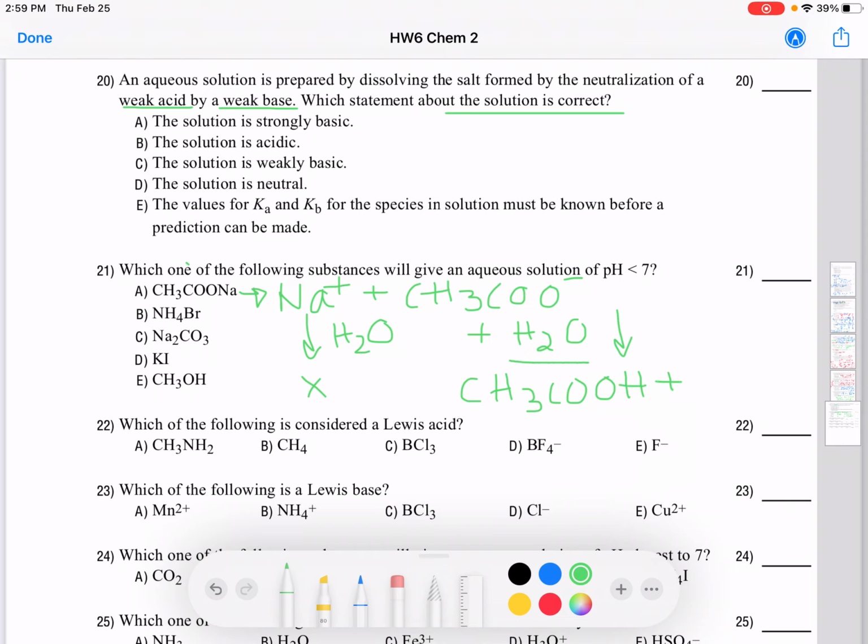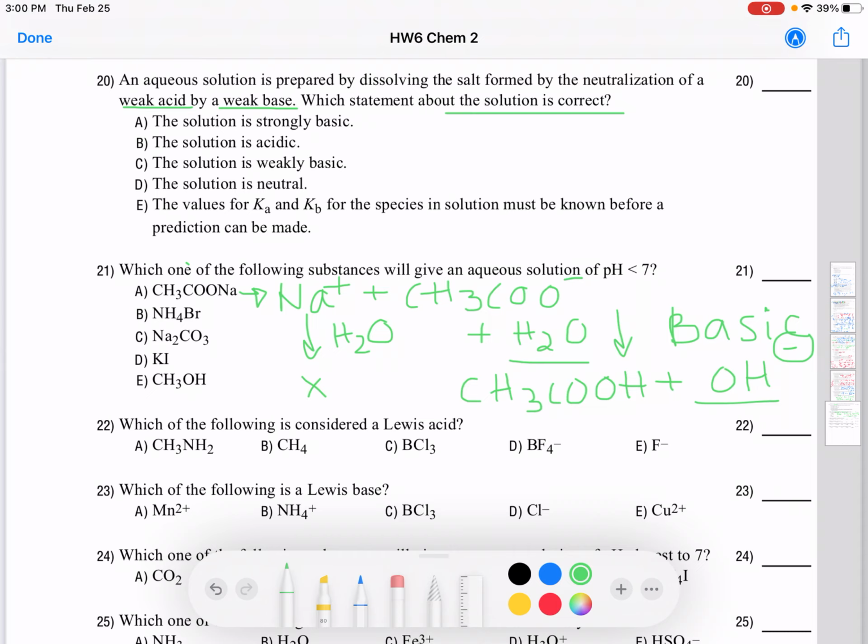If one hydrogen is lost from water, what would you end up with? A hydroxide ion. So this reaction, acetate ion reacting with water, releases hydroxide ions, meaning it would be a basic solution. So is A correct? No. It's going to be pH greater than 7.